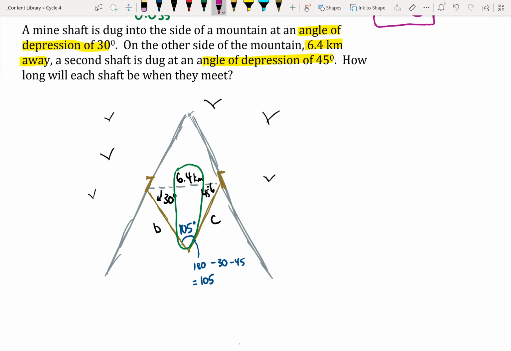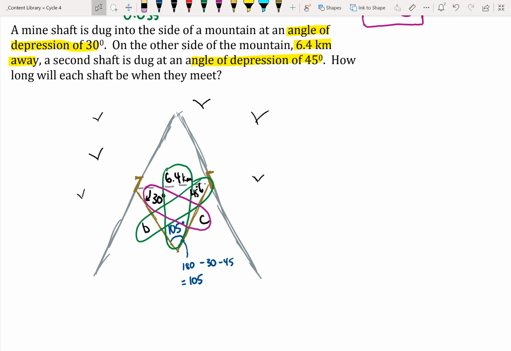I see a half pair with side B and 45 degrees, and I see another half pair of side C and 30 degrees. So this gives me all my information to figure out my two steps, because I have to do two different formulas to solve for the two missing sides.